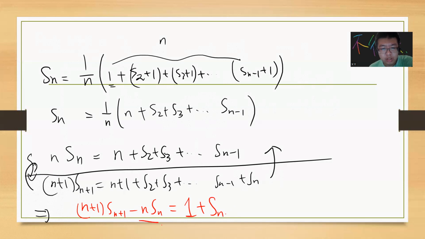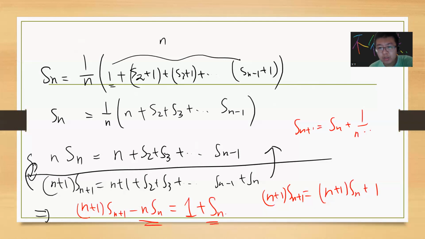And amazingly, these two can become n plus 1 Sn plus 1, which proves that Sn plus 1 equals Sn plus 1 divided by n plus 1. So this is the answer.